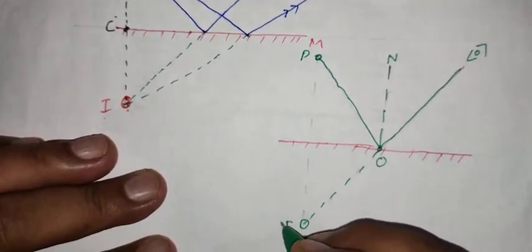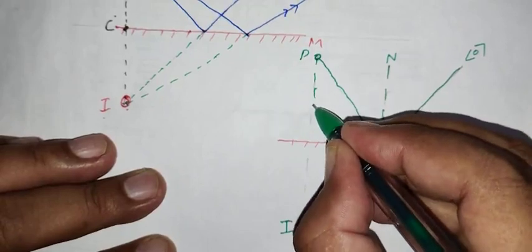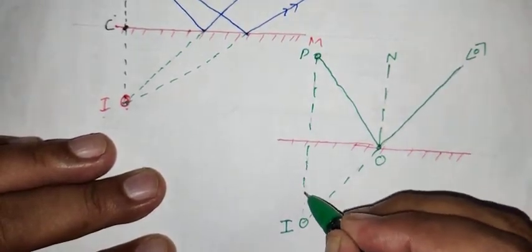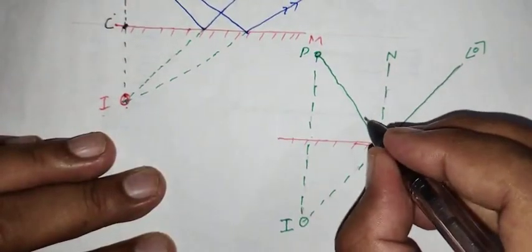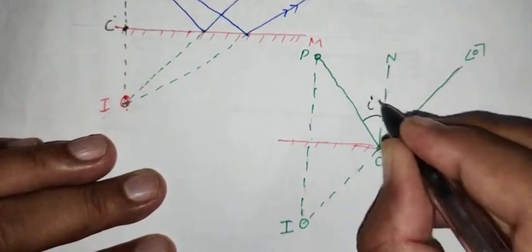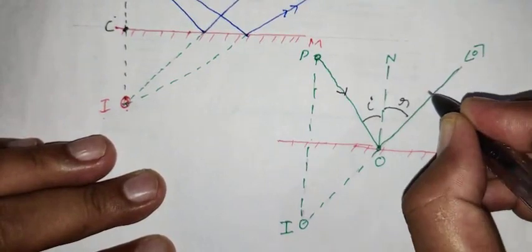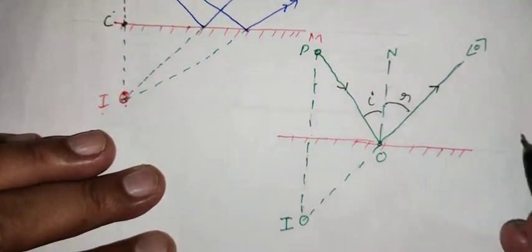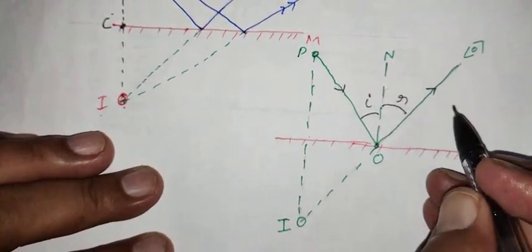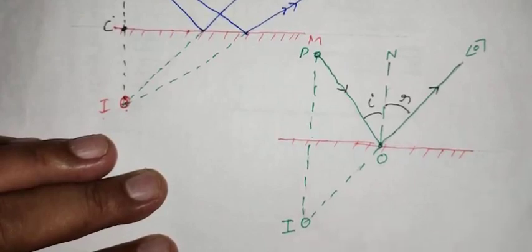Here image I is formed, right? This is the perpendicular distance. It is angle of incidence i, angle of reflection r, incident ray, reflected ray, right? Now see carefully in this diagram, which represents the whole scenario.